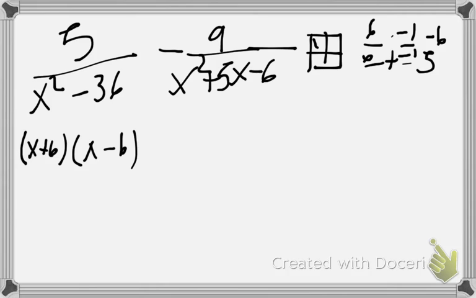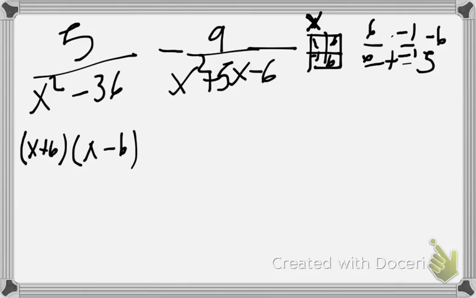So now we can enter this into our box. So a goes here and c goes here, or a goes where the 1 is and c goes where the 6 is. So next we're going to enter what we got for b, so 6 and negative 1. Sorry if this is a little small and hard to read, but we try to find the common multiple of all boxes, so x is going to be our first one.